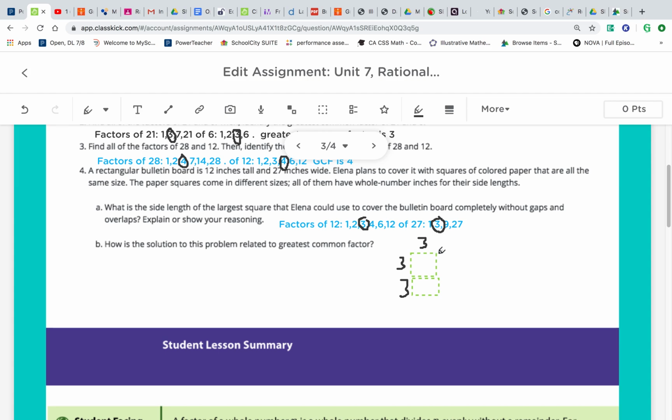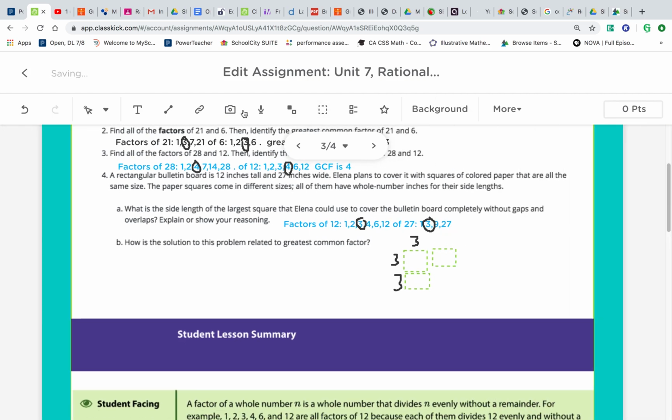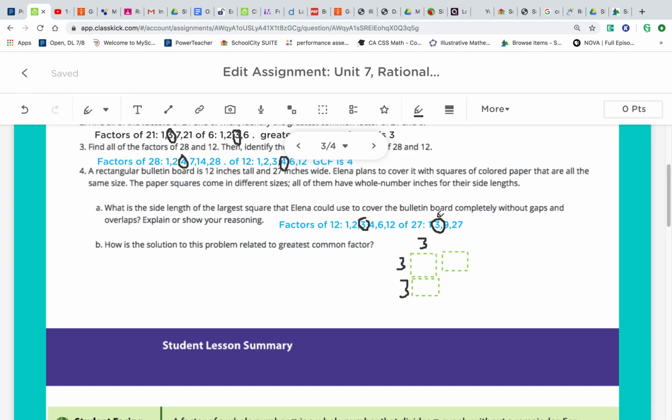And if you go across, how many would you need? We're just going to imagine that it's 3 again because they're the same. How many of these would we need to fill 27 inches in width? Well, we would need 9 of them across, 3, 3, 3, 9 times. So you'd have 9 across, 4 up and down, and so that's how many squares there would be.